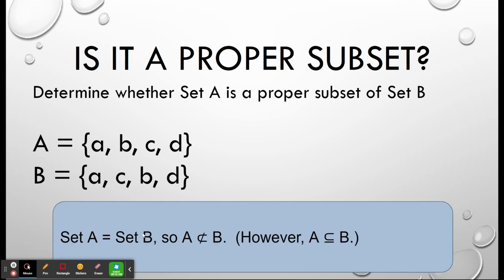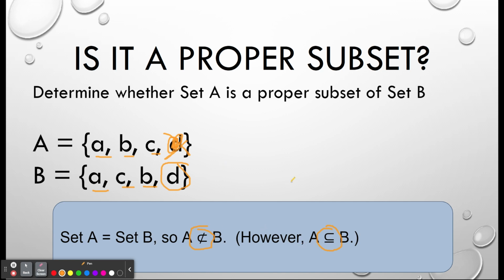Set A is equal to set B. So set A is not a proper subset of set B. However, A is a subset of B. So that's the difference here: proper subset versus just a subset. If this did not have a D, then we could call this a proper subset because it has all the stuff that you find in B, but B also has one more thing or additional things.